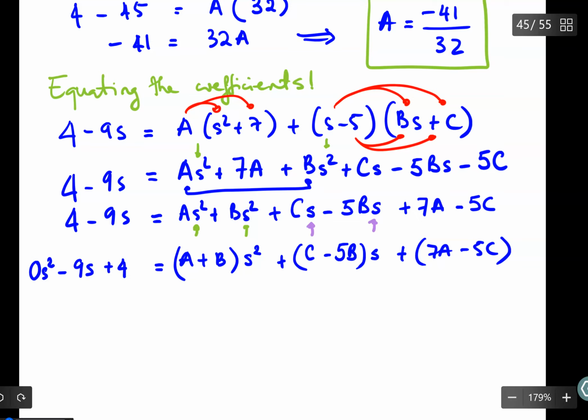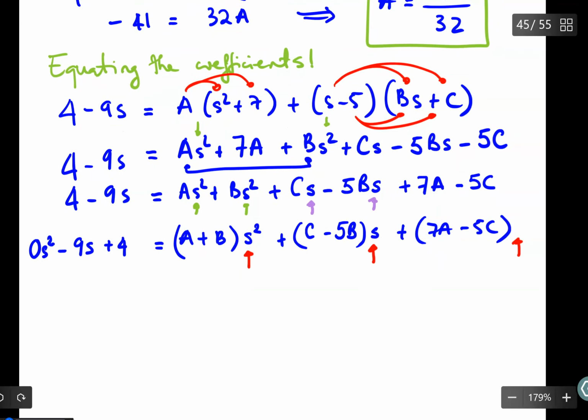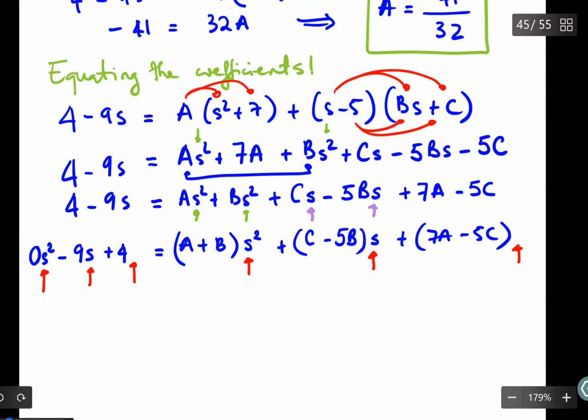Because on this side of the equation you have the variable s squared, you have the variable s, and here you don't have any variable, or s to the exponent 0. I should say that. Here you have s squared, now you have s, and here you don't have any s. So you can equate the coefficient by, for this statement to be true, then you should have a plus b equal to 0.